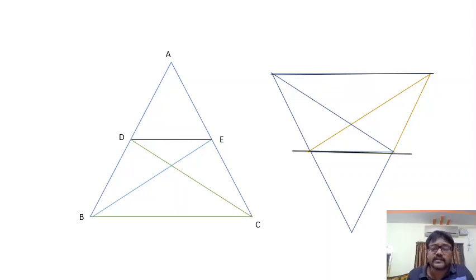Triangles on the same base and between same parallels are equal in areas. This is a fact which was already proven, and we are going to use it as our supporting statement. So obviously what we are looking for has arrived. Area of triangle BDE is equal to area of triangle CDE.